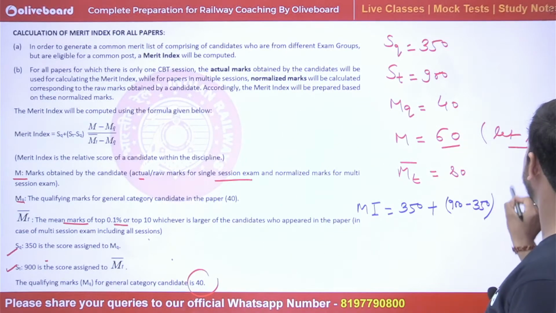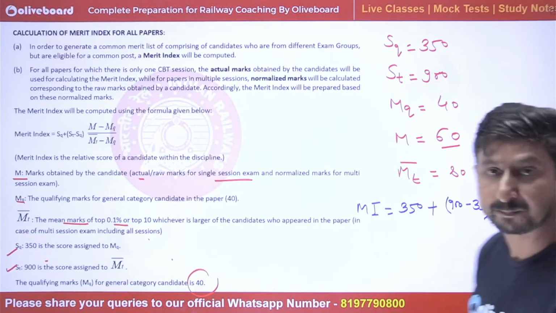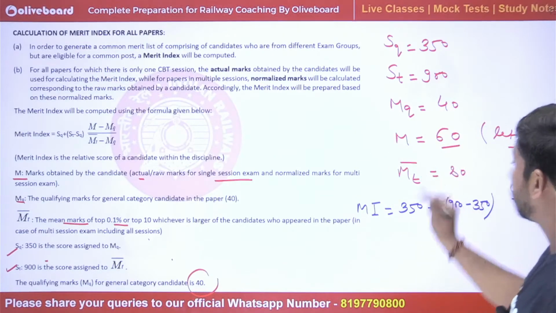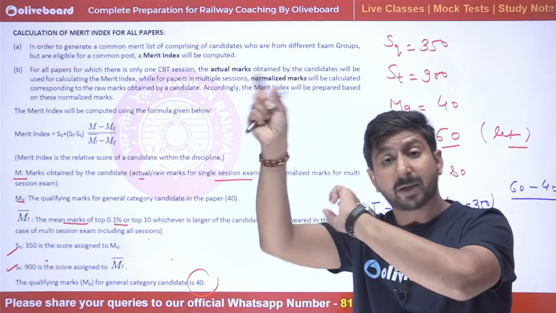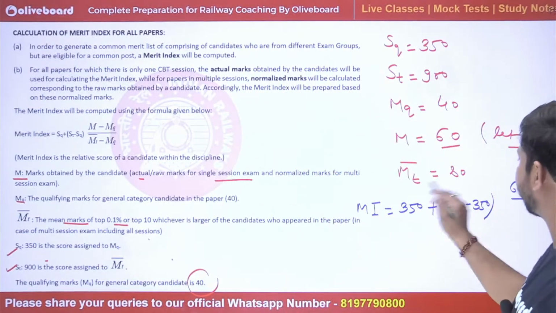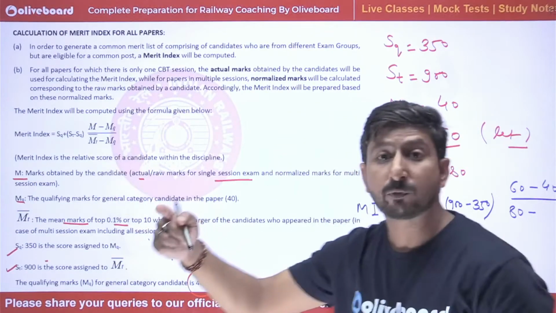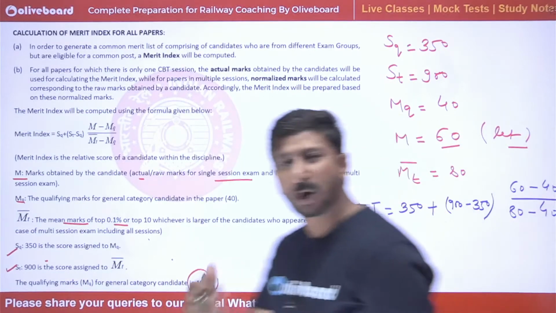The value of M is 60 and MQ is 40, the qualifying marks for a category. Divided by M bar, which is the marks gained by the top 0.1% students. So the top 0.1% student gets, let's suppose, 80, so this is 80 minus MQ. MQ is the qualifying marks, 40. Let's solve it.